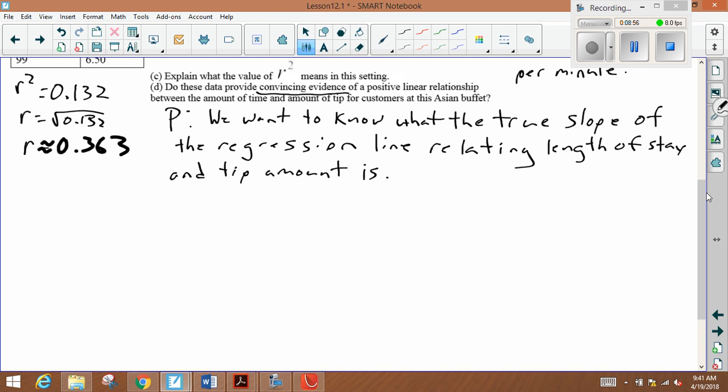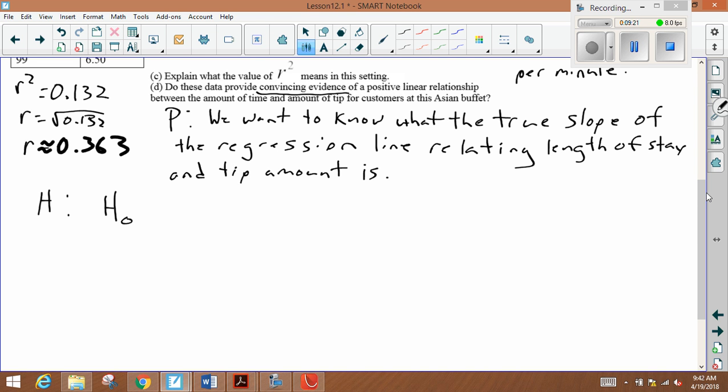We know our parameter. Let's make a hypothesis test. If there is really no relationship, we would like the slope to be positive. That would show that the longer people stay, the more they tip.